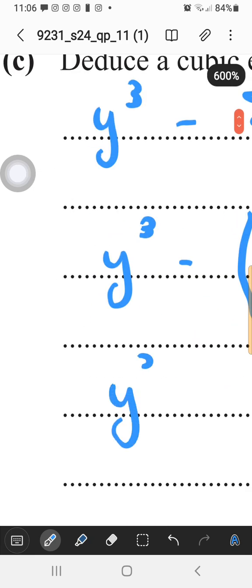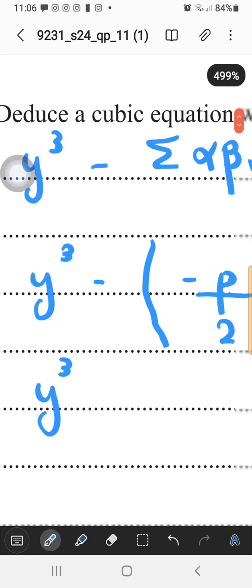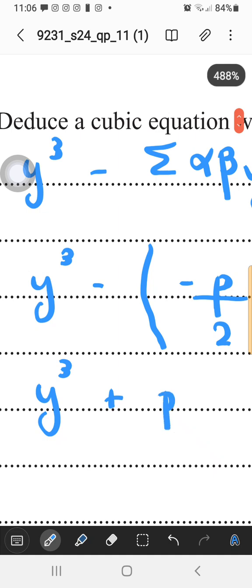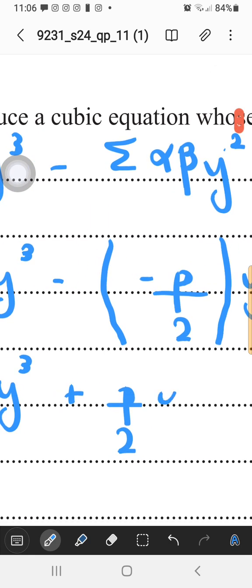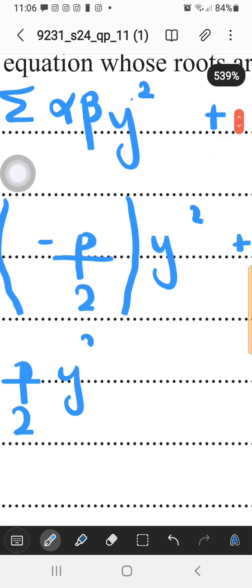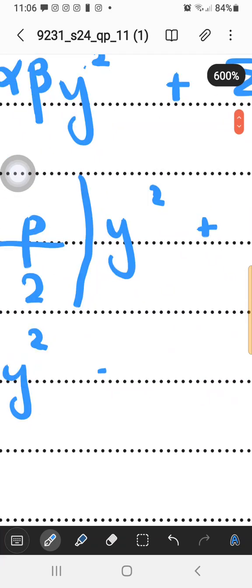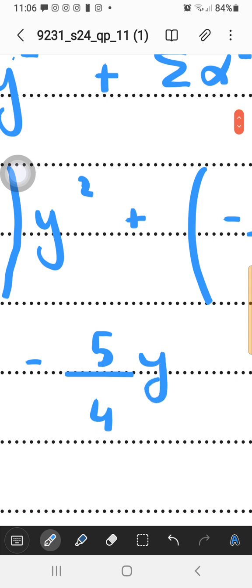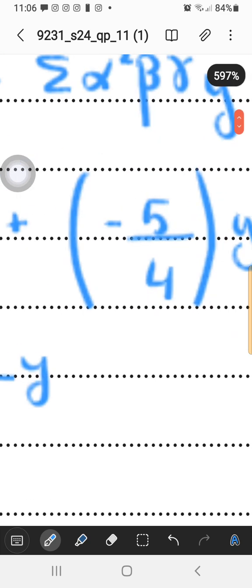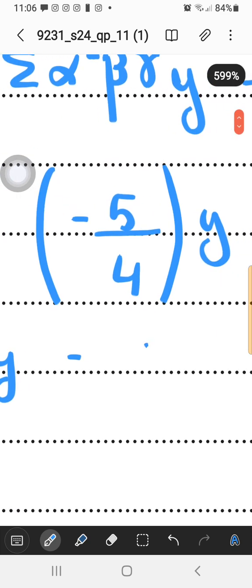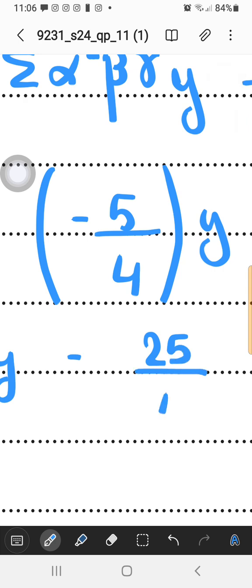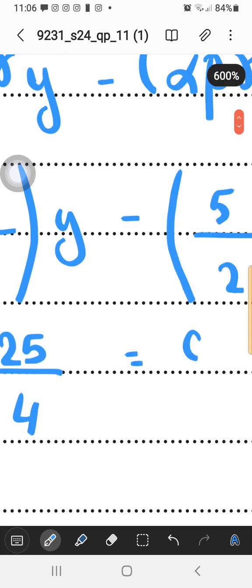So now it is y cube plus p upon 2 y square minus 5 upon 4 y and minus 25 upon 4 equal to 0.